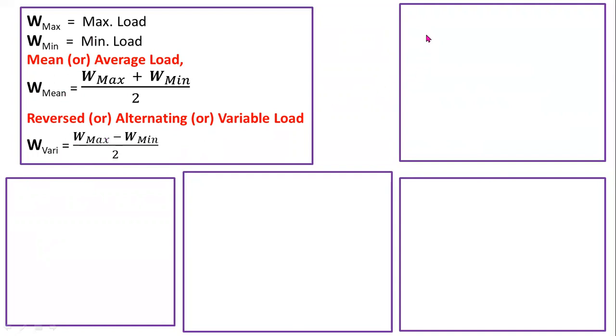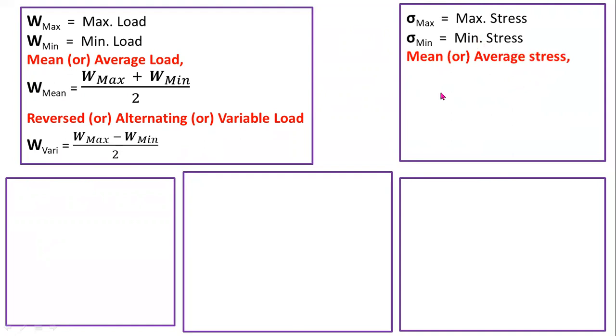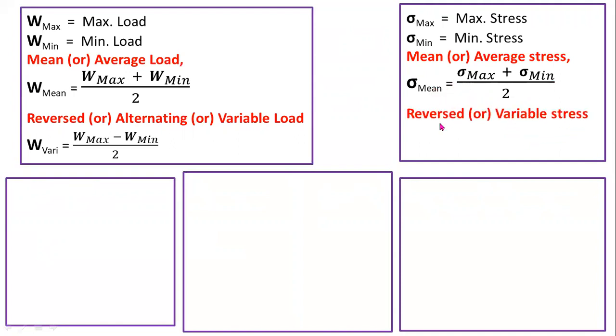If you are considering stresses, sigma max is the maximum stress and sigma min is the minimum stress. Then mean or average stress equals sigma max plus sigma min by 2. For the reverse or variable stress, sigma v equals maximum stress minus minimum stress by 2.